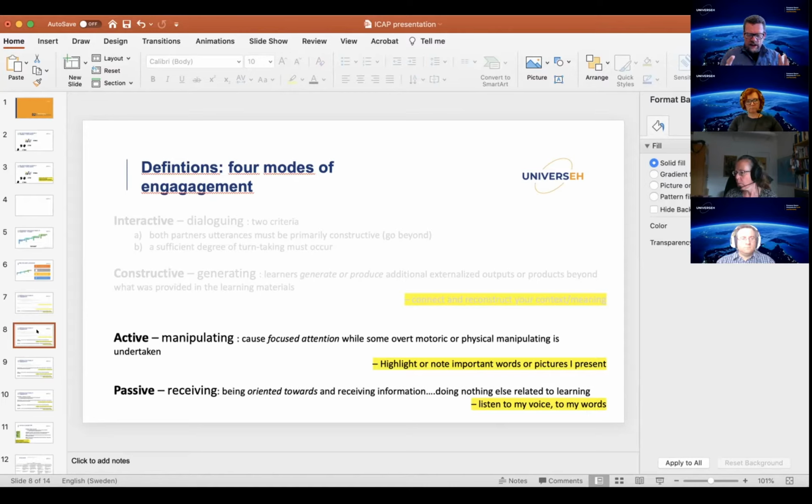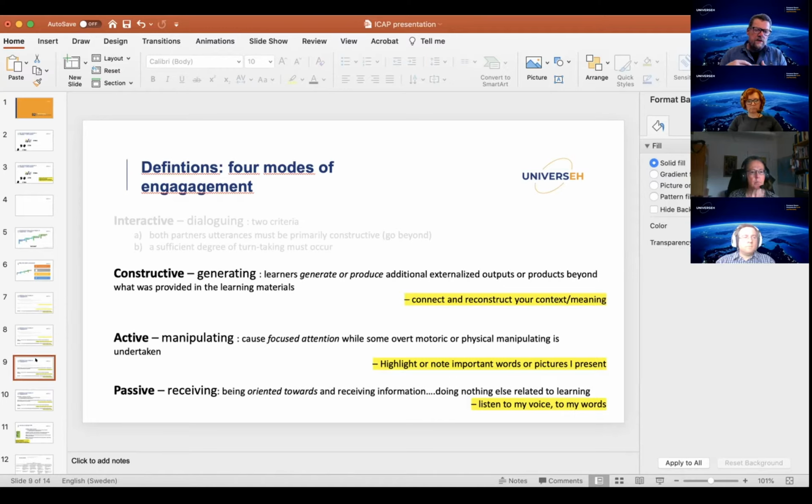So they are bringing out the information that they think is more important, but still they are just working with the information that is presented to them. They do not bring anything to that information, so to say. So they are active. That is still quite a low engagement level.